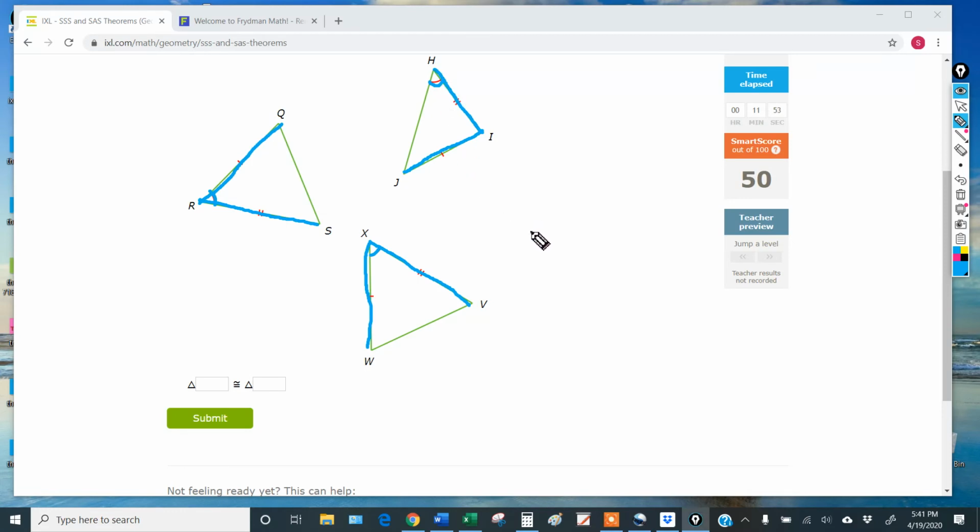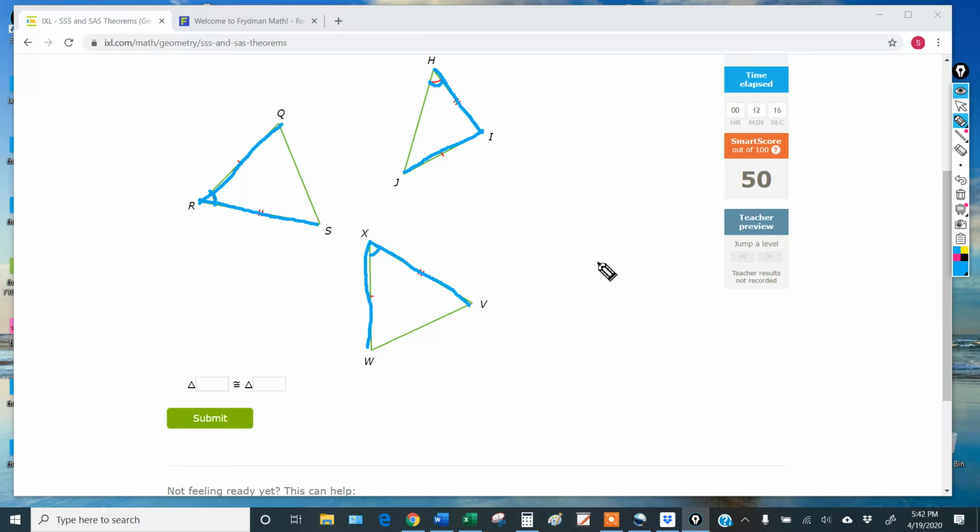So this is like the last problem that we had. We have to be careful, even though they all look the same, and they have a lot of the same characteristics. So this side is the same as this one, which is the same as this one. But the triangles all around are not the same.